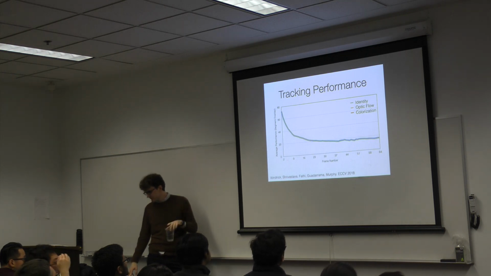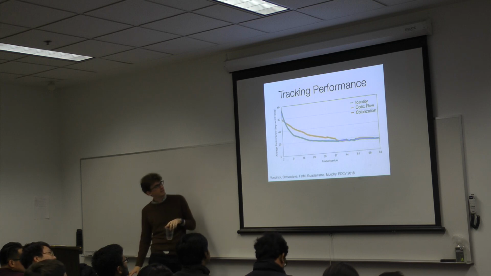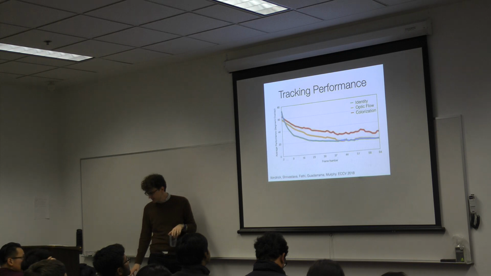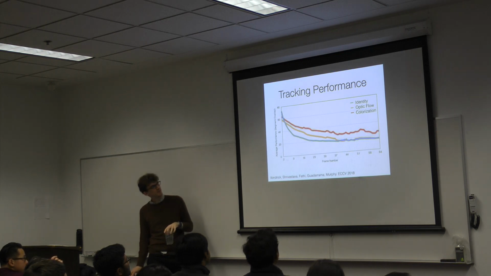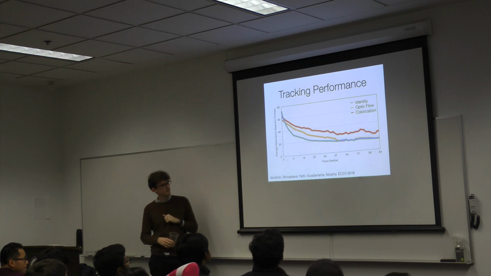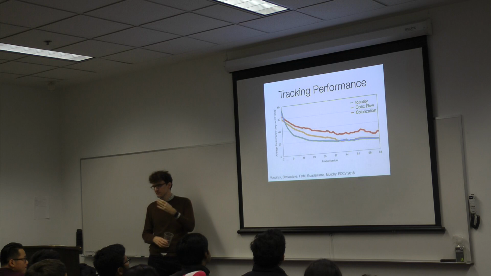If you use FlowNet, and then you warp it, you get this orange curve here. It does better than this naive baseline. And then if you do colorization instead and compare against that optical flow, it does slightly better than just using FlowNet.